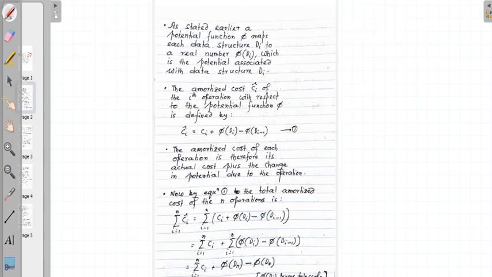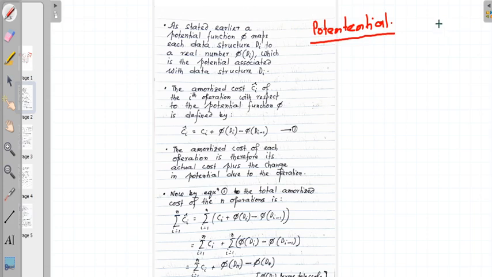With this, we are trying to establish a mathematical formulation of the potential method, and by far the potential method is the most robust method of analyzing amortized cost. People also apply it in other analyses of algorithms.